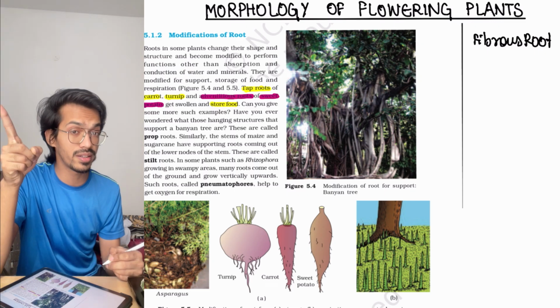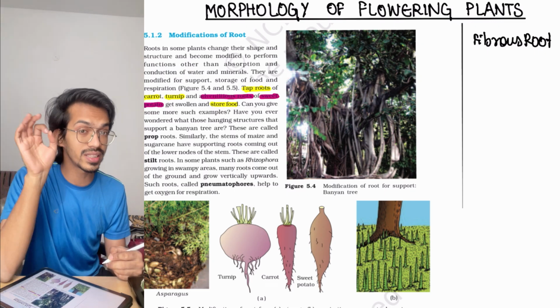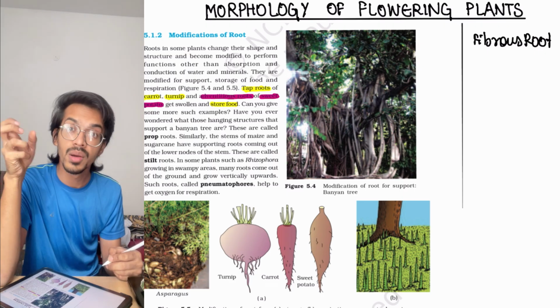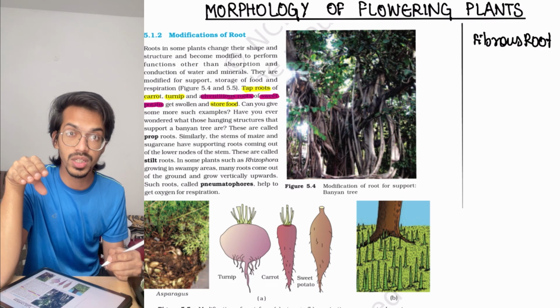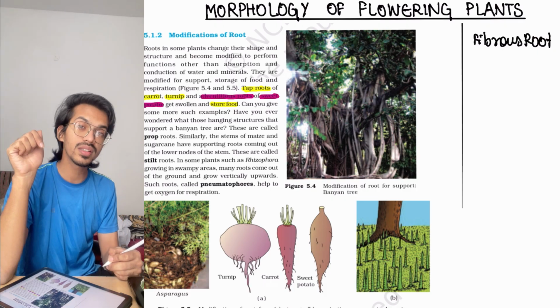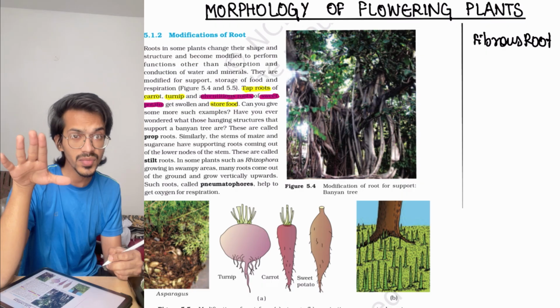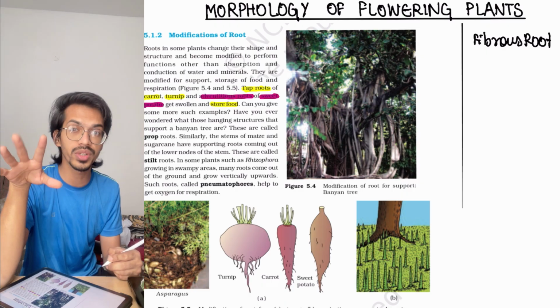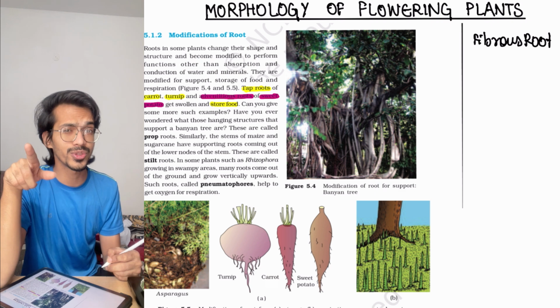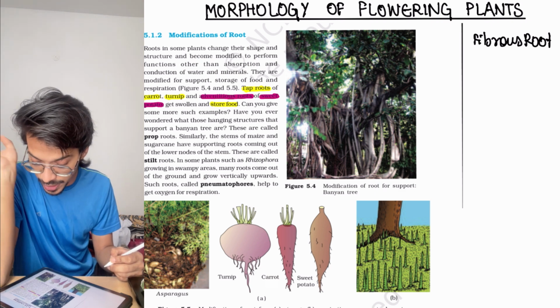Very important point, because they will confuse you with this: sweet potato is present in the ground, and potato is also present in the ground only, but potato is the stem and sweet potato is the root part, but both are for storage. So that makes them analogous organs also. This is from evolution, so very important.